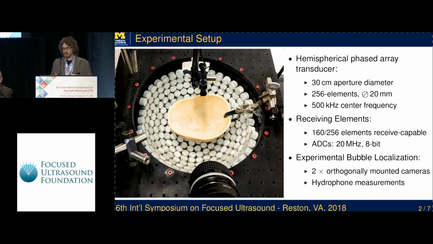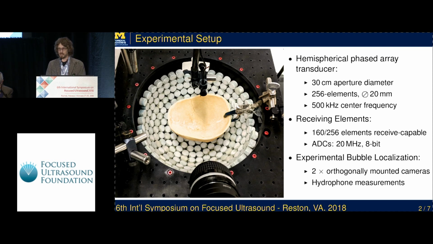To demonstrate our ability to do that, we ran experiments where we generated bubbles through the skull and used those signals to localize them. What you see here is our experimental setup. We use a hemispherical phased array transducer, 30 centimeter aperture diameter, 256 elements with a 500 kilohertz center frequency.